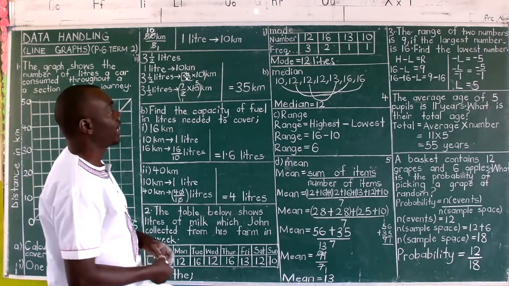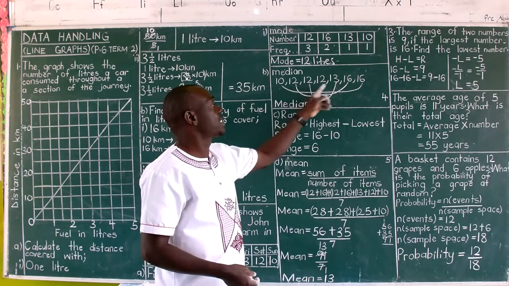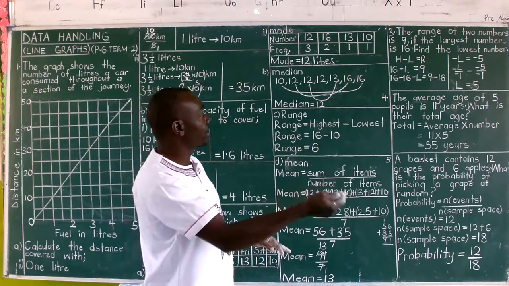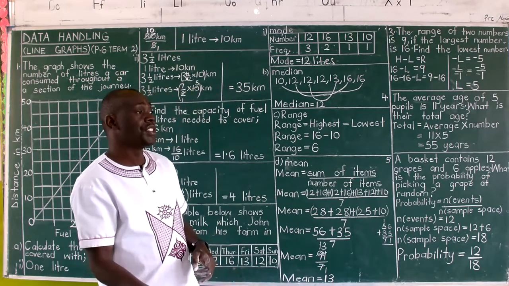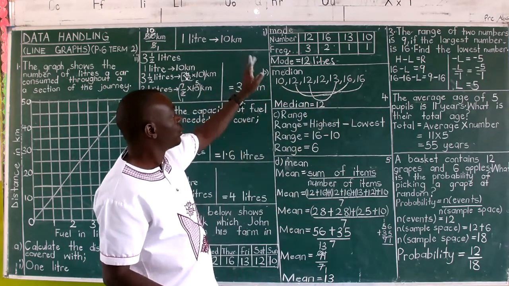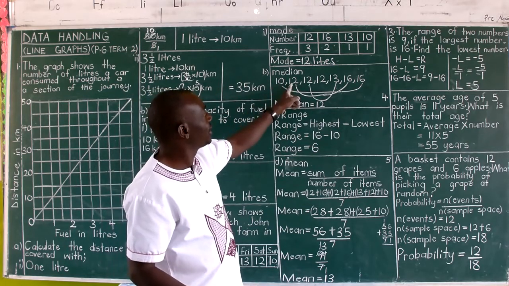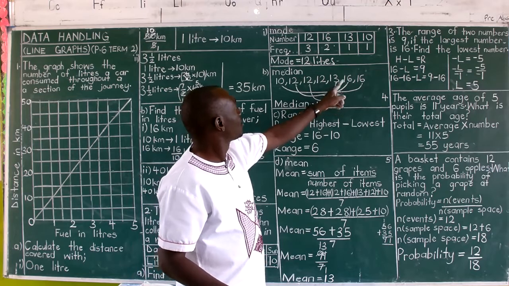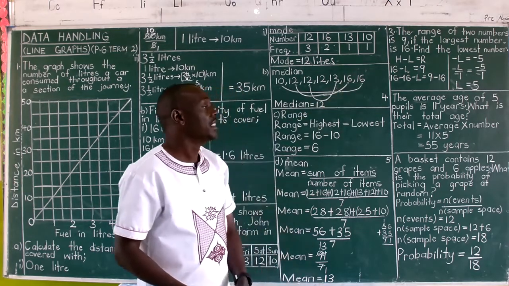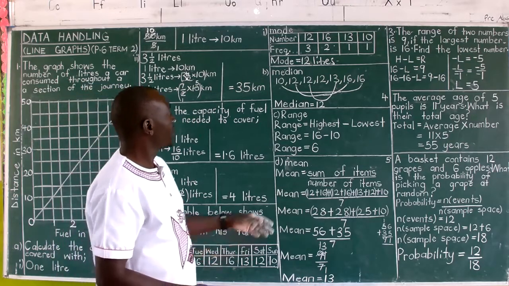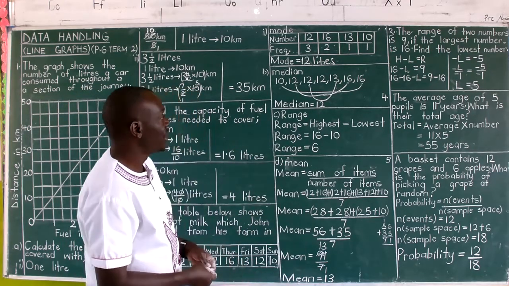Ascending means starting with the least number to the greatest number, whereas the opposite is descending. You start from 16, 16, 13, 12, 12, 12, then 10. That is for descending order. But now here we have ascended.